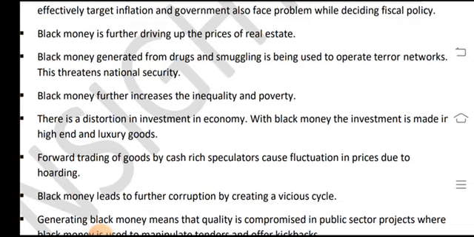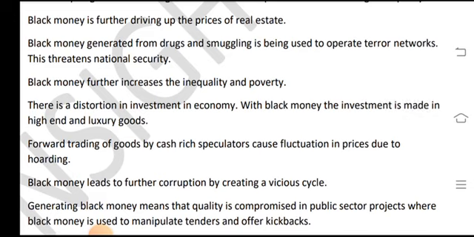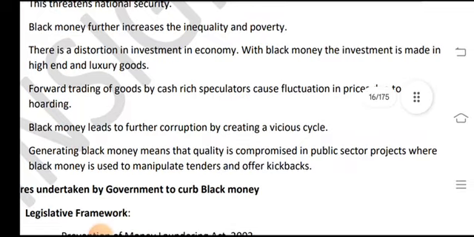There is distortion in investment in the economy with black money, and the investment is made in high-end luxury goods and forward trading of goods by cash-rich speculators, which causes fluctuations in prices due to hoarding.